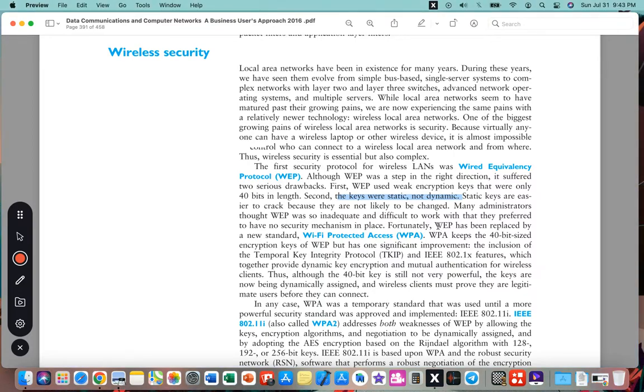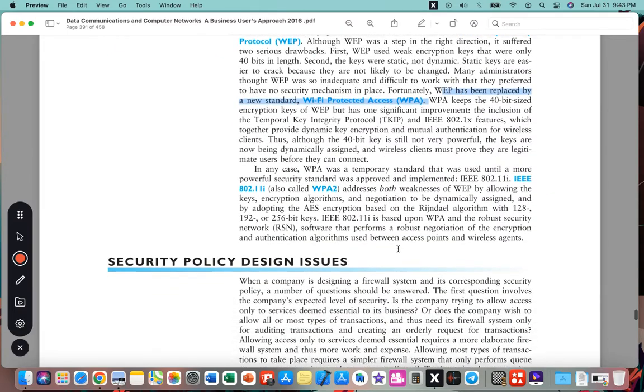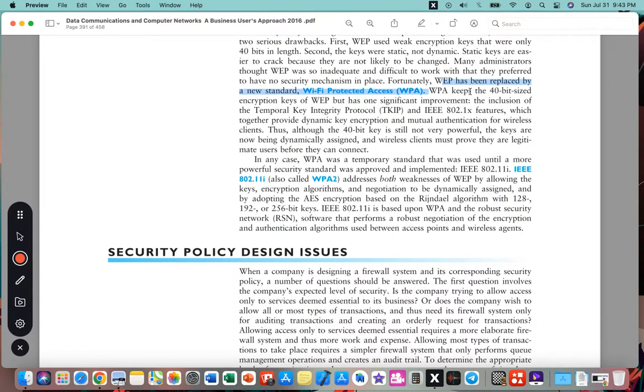Fortunately, WEP has been replaced by WPA, Wi-Fi Protected Access. WPA keeps the 40-bit encryption keys of WEP, but has one significant improvement: the inclusion of the Temporal Key Integrity Protocol (TKIP) and IEEE 802.1x features, which together provide dynamic key encryption and mutual authentication for wireless clients.